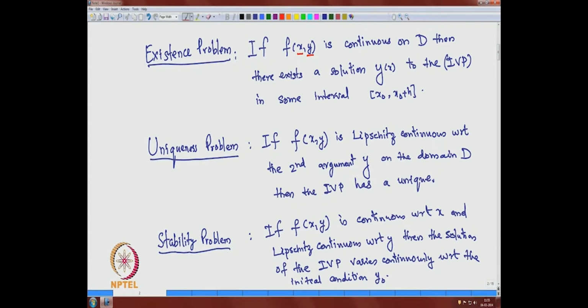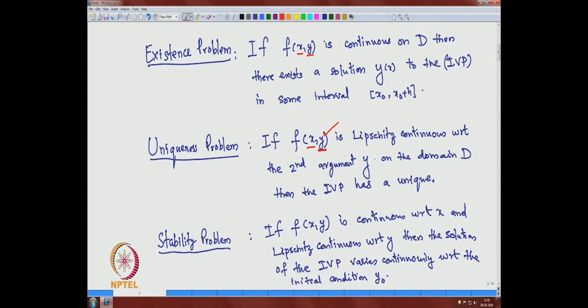And the second problem, uniqueness, is guaranteed if f is Lipschitz continuous with respect to the second argument y. Of course, continuity is also required for the existence of a solution, and uniqueness is guaranteed if f is Lipschitz continuous with respect to the second argument.